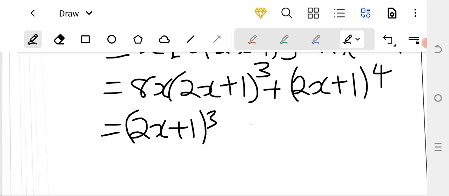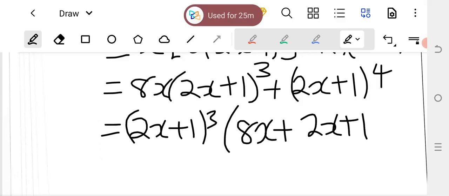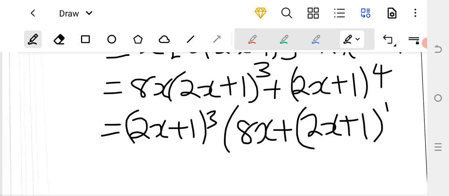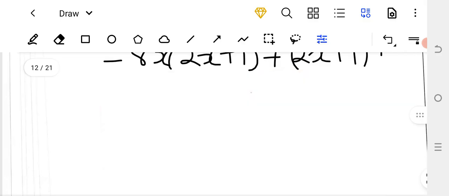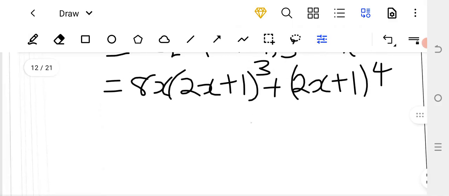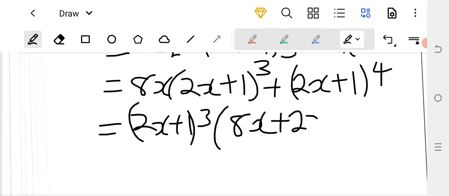Open bracket, 8x plus (2x plus 1). So we just write it like this because 2x plus 1 raised to the power 1 is the same as just writing 2x plus 1. So we are going to say it is equal to (2x plus 1) raised to the power 3 multiplied by (8x plus 2x plus 1).